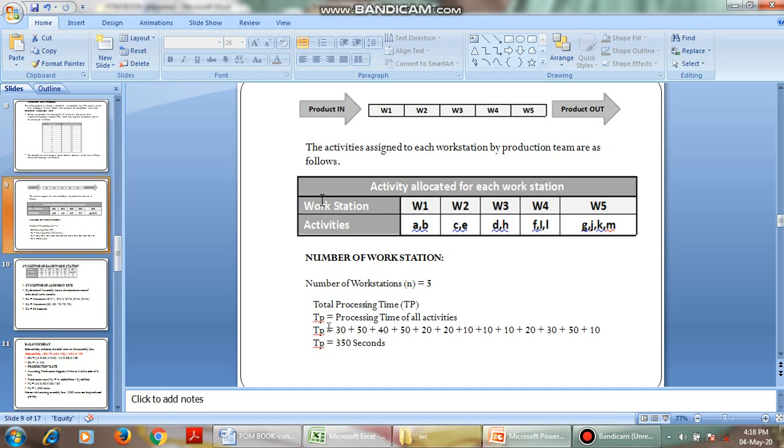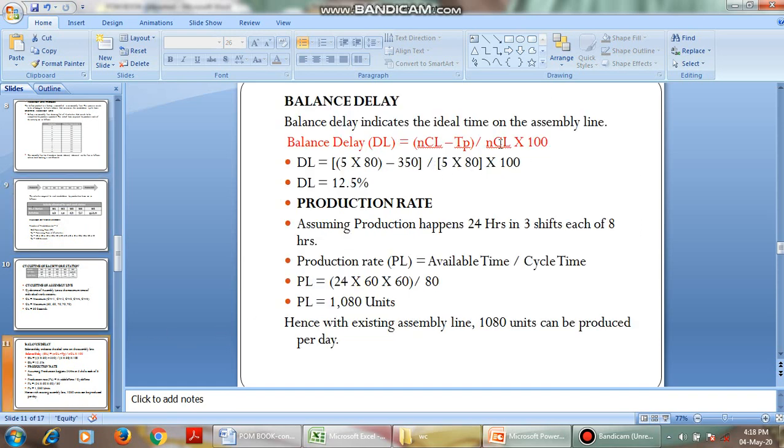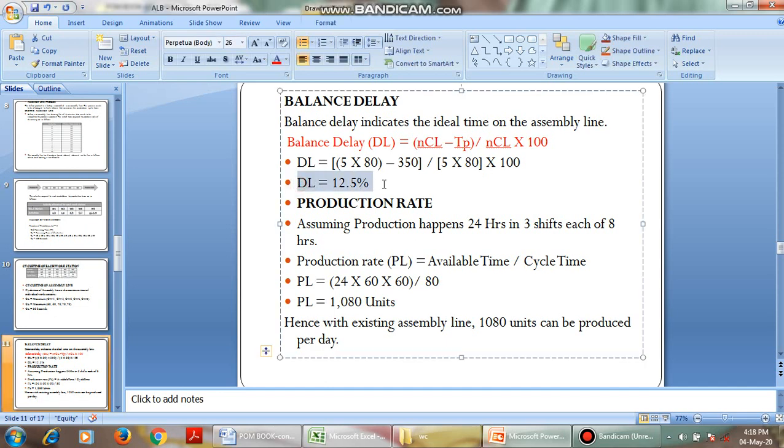We add up all the timings. So that is (5 times 80 minus 350) divided by (5 times 80), which is 50 by 400, so the idle time is 12.5% out of the total time. Out of the total time of 350 seconds, 12.5% of the time is idle without any work.